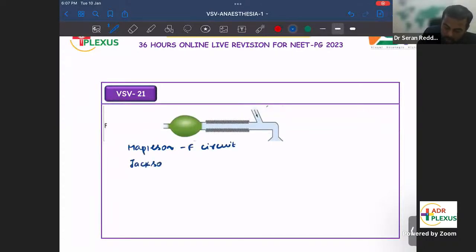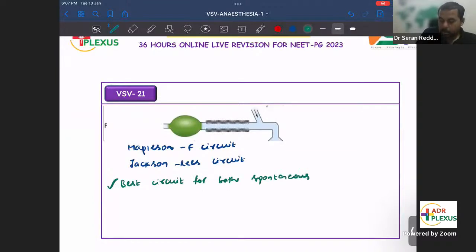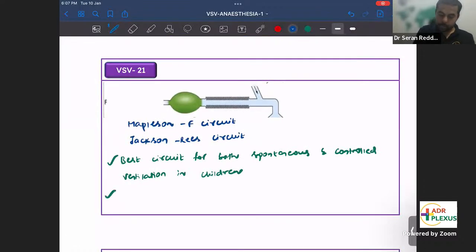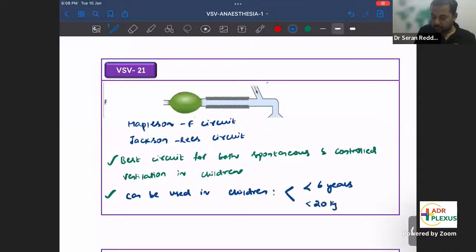Also called Jackson-Rees circuit. Best circuit for both spontaneous and controlled ventilation in children, and can be used in children who are less than 6 years and less than 20 kgs weight.